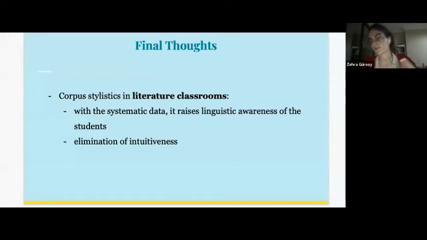But then when we did the analysis, we found out that he actually was not that sympathetic a character or had any goodness in him. Anyway, in language classrooms, we can use Corpus Stylistics so that it would raise the awareness of language use of the students. So those were my observations from my classroom and my experiences.